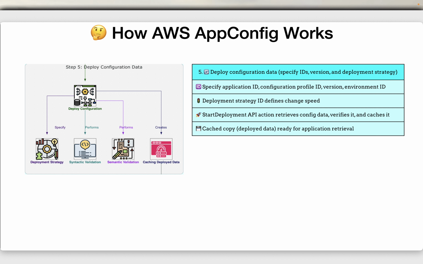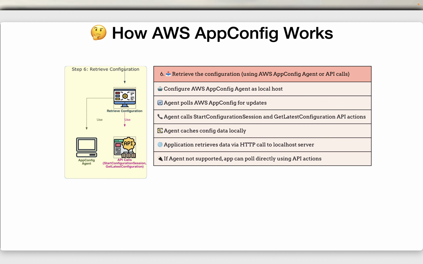When you call the start deployment API action, AWS AppConfig retrieves the configuration data from the underlying data store, verifies the configuration data is syntactically and semantically correct, and caches a copy of the data called the deployed data, so it is ready to be retrieved by your application.